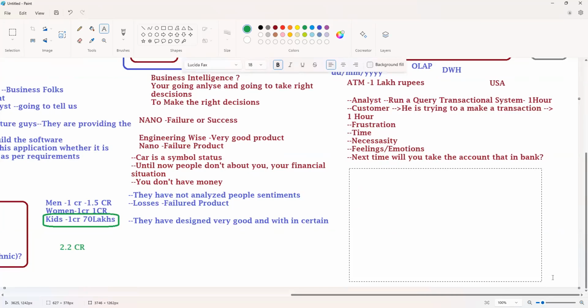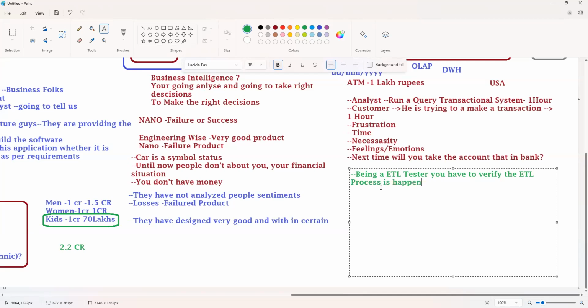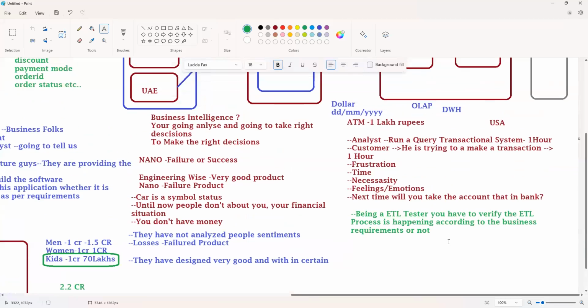Being an ETL tester, you have to verify whether the ETL processes are happening according to the business requirements or not. Everybody clear?